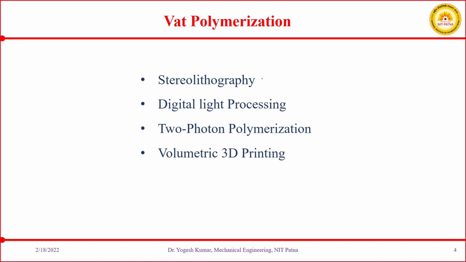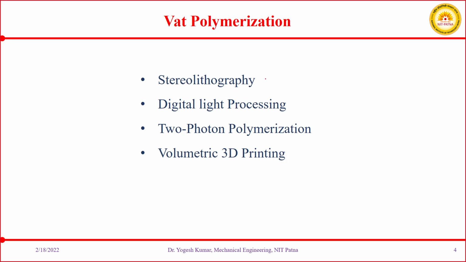Today when I was going through one of the papers, I found that earlier I knew only two, stereolithography and digital light processing, but in recent papers I came to know there are actually four types of wet polymerization processes.